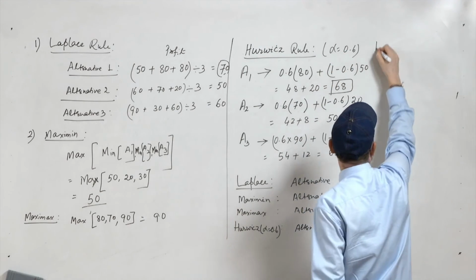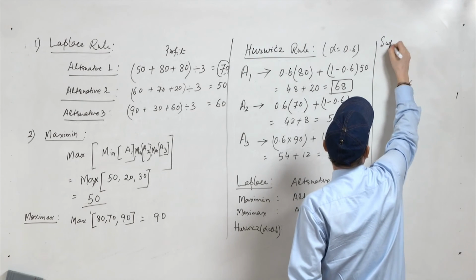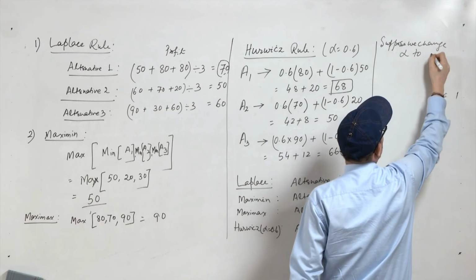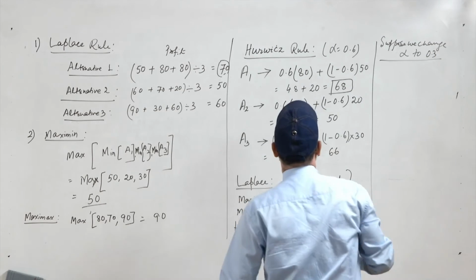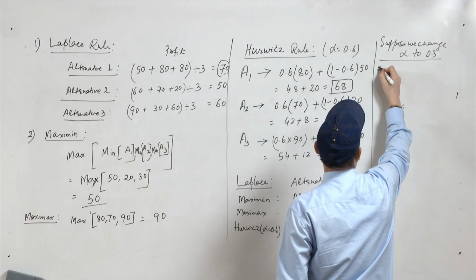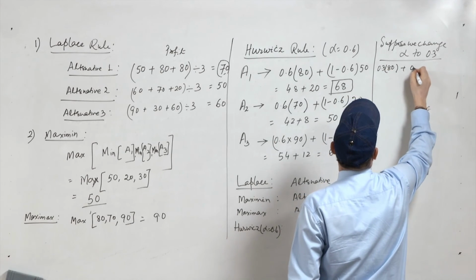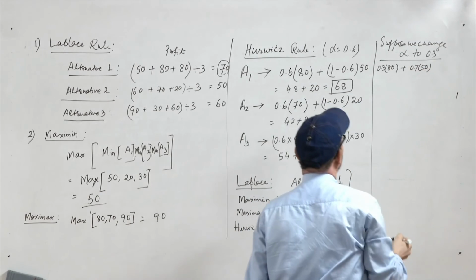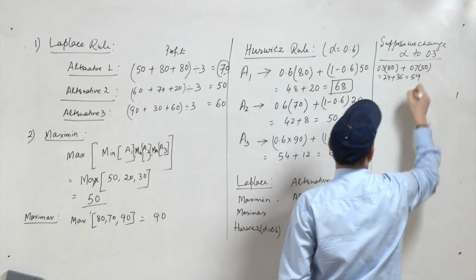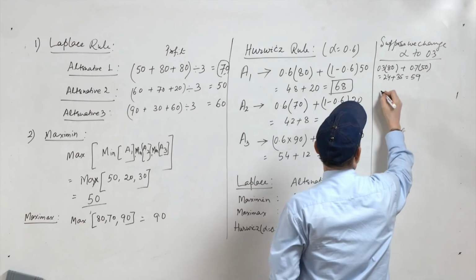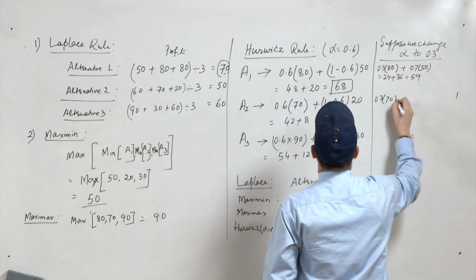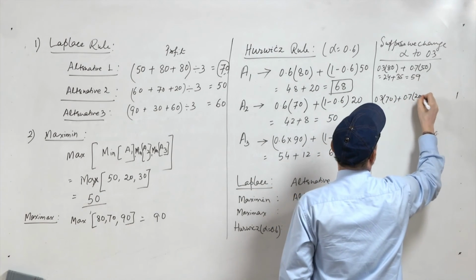Suppose we change alpha to 0.3. Now, this will change the values. So, in that case it will be 0.3 multiplied by 80 plus 0.7 multiplied by 50, which is 24 plus 35, 59. If you take A2, it will be 0.3 times 70 plus 0.7 times 20.